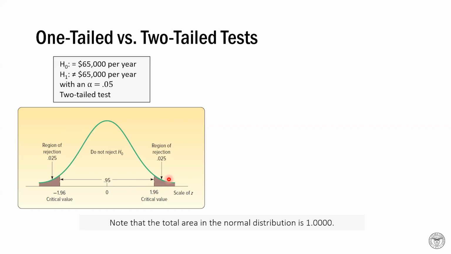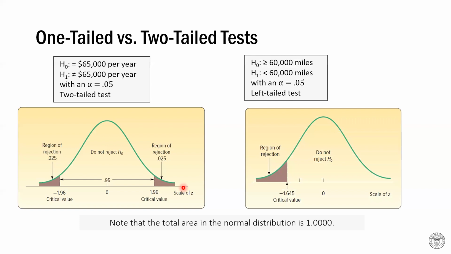Here we have 0.05 divided by 2 equal to 0.025 in each tail. Therefore, the critical values are given by the z-values, which are negative 1.96 on the left side and 1.96 on the right side, as we can look up in the z-table. The negative 1.96 and 1.96 are the critical values.